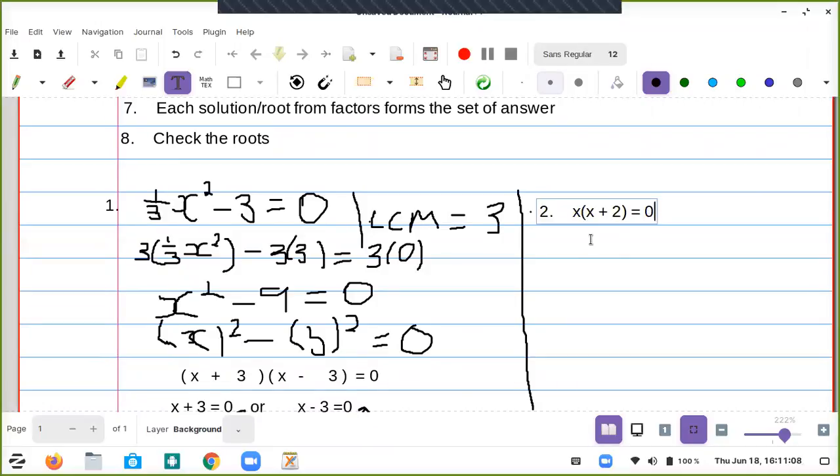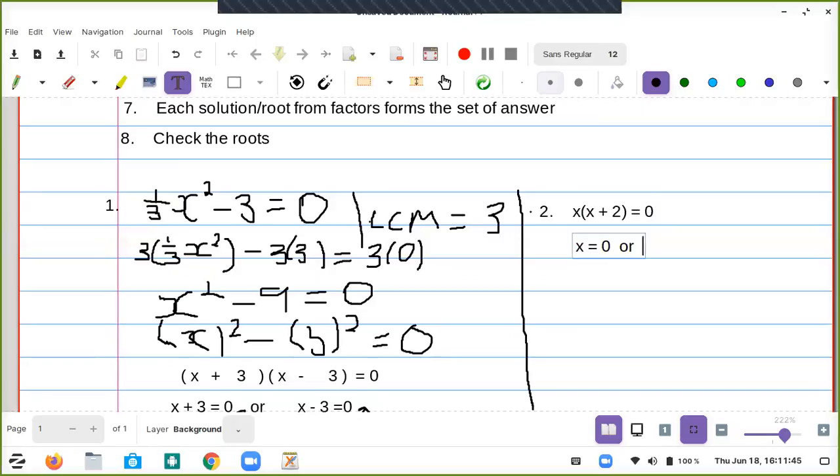I'm just going to start from step number 5 now, and I move on. So since it is completely factorized, I'm just going to equate each factor to 0, right? So in this case, my first factor is x, which is equal to 0. If it is not the one which is equal to 0, it may mean that it's the second factor inside the bracket which is equal to 0.